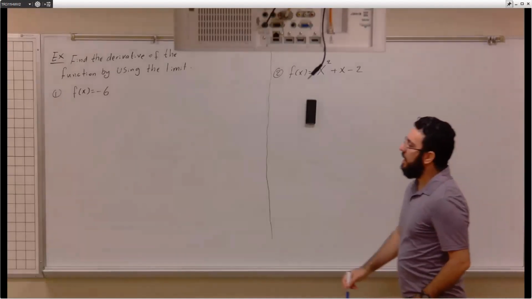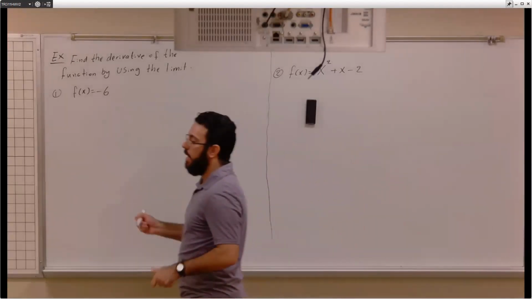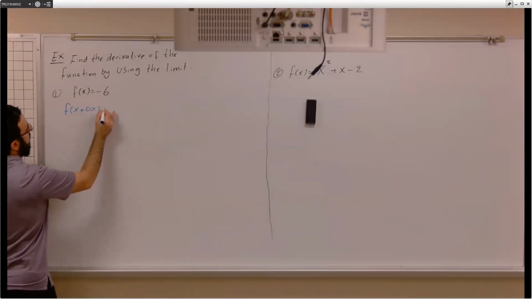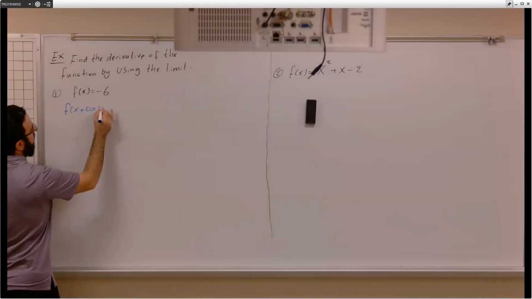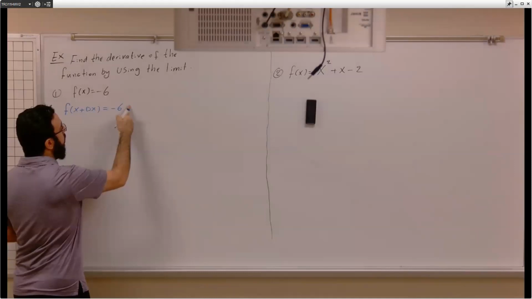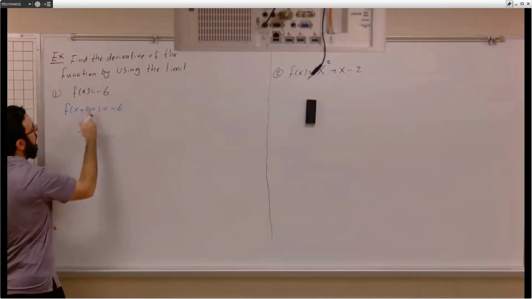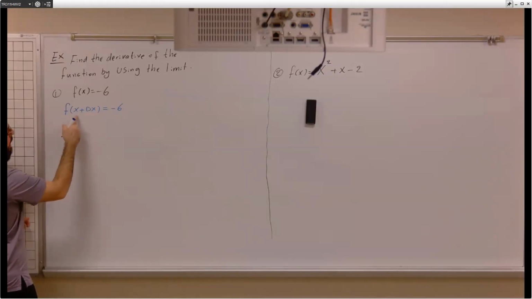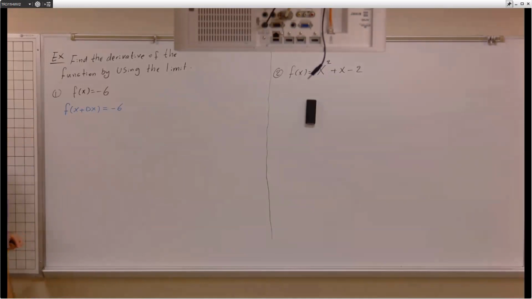So the first thing I'm going to say, f of x plus delta x is going to be -6. There is no x value here, so instead of the x value, I can plug in x plus delta x. That means f of x plus delta x is going to be the same number, just -6. So now I'm going to find the slope.